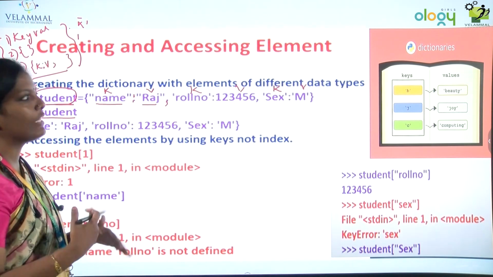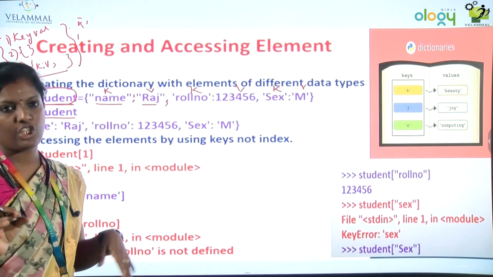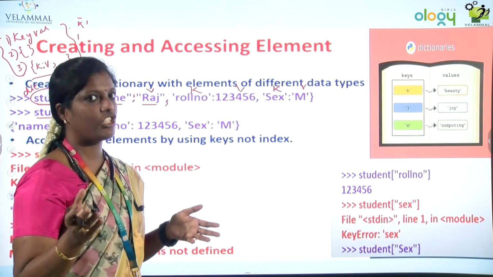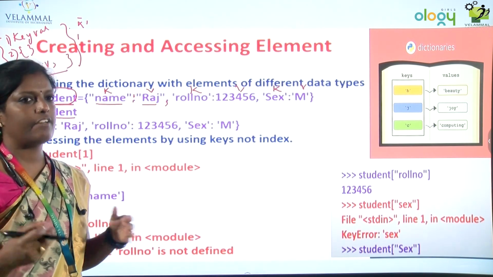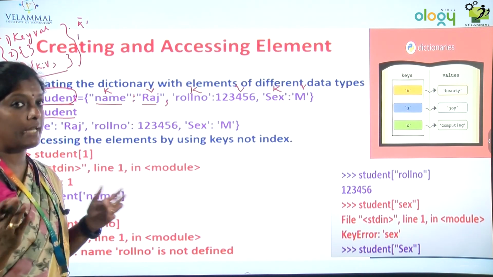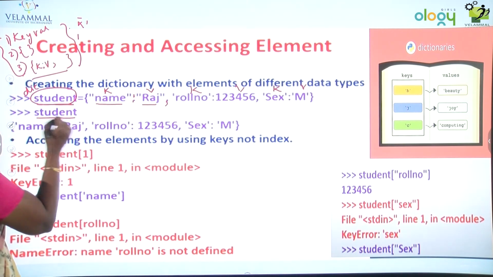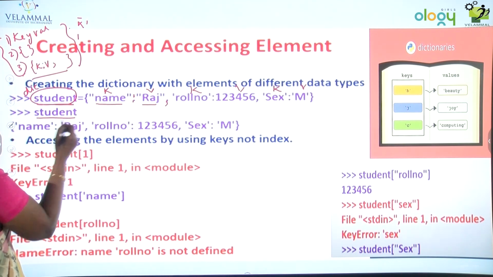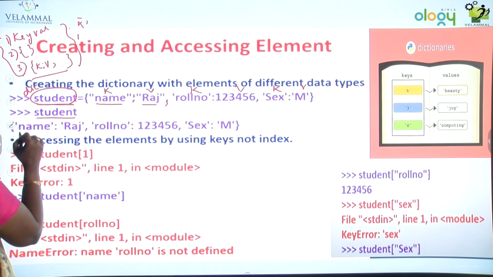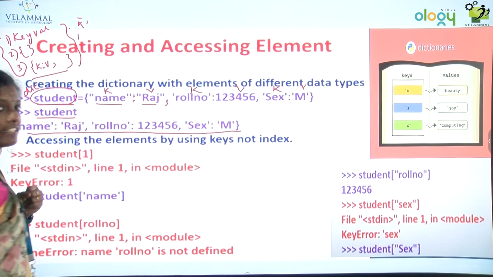When you're working with dictionaries, it's going to be a small amount of information, a collection of data, right? So you can do it in interactive mode itself. I hope you know the two types of modes in Python, right? So when you type student, this is the answer which is going to be displayed on your interactive screen, right?